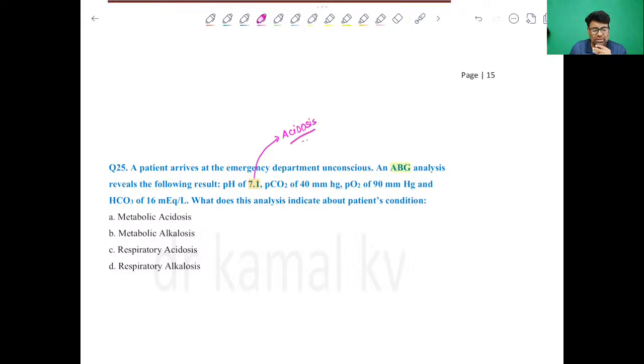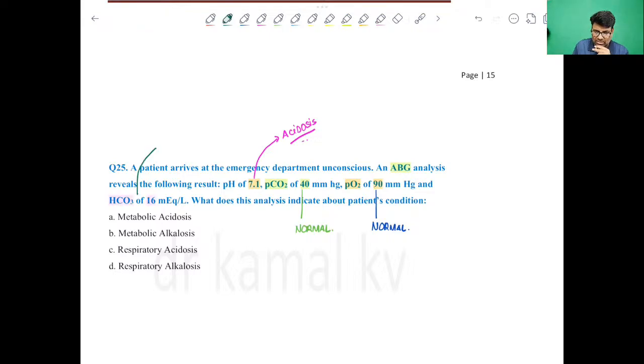Now look at the PCO2 which is 40, right? Now 40 is normal. Then PO2 90, this is also normal. And the value of bicarbonate is 16.